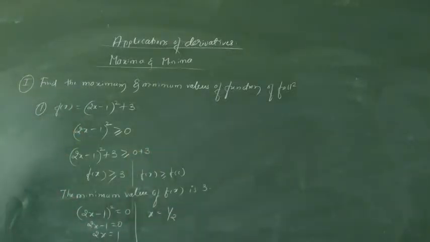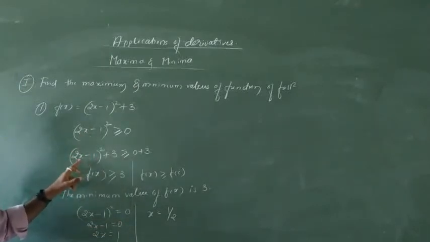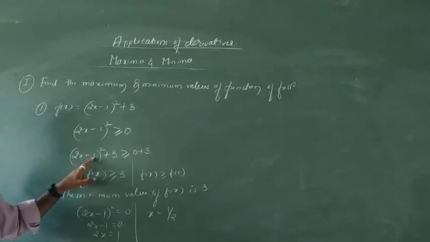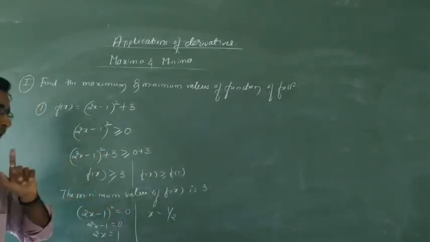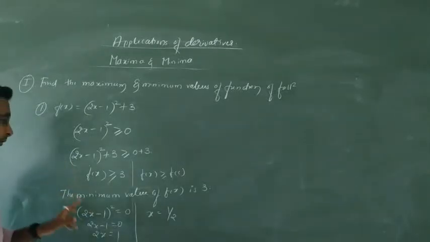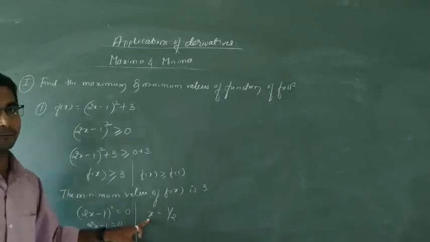When you put x equal to 1 by 2 in this equation, the 2 cancels, 1 minus 1 is 0, so 0 plus 3 gives 3. So the minimum value of the function is 3 when x is equal to 1 by 2.